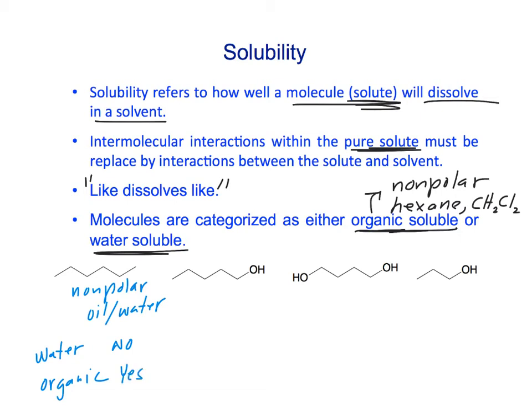If we add an alcohol, like this, we split the molecule into two ends. We have an end where the OH is. This is very polar, or what we could call hydrophilic. That means that this part of the molecule loves water. The rest of the molecule, though, is more like an alkane, and so this is very nonpolar, which we could call hydrophobic.